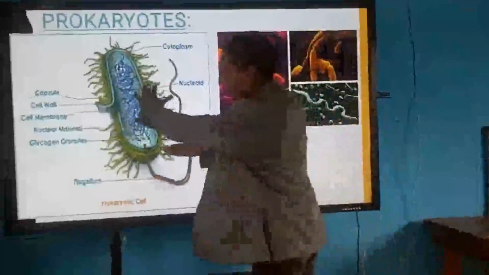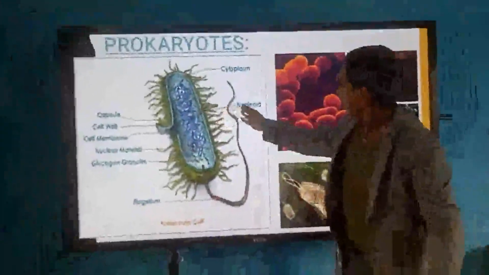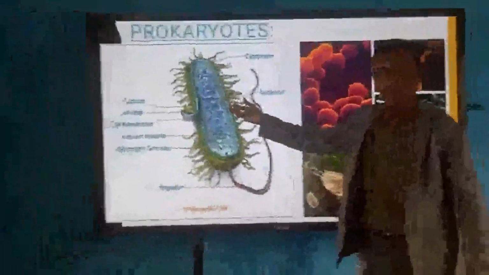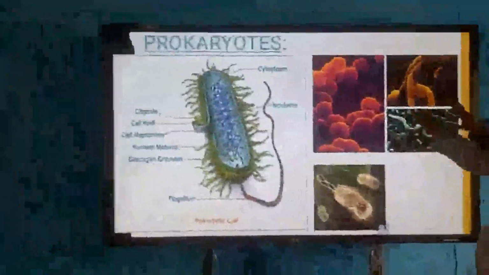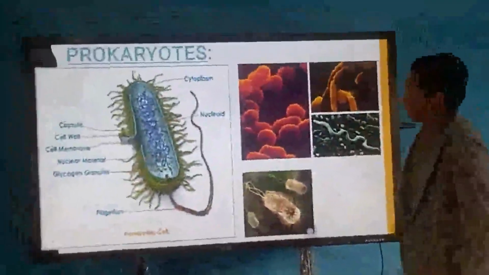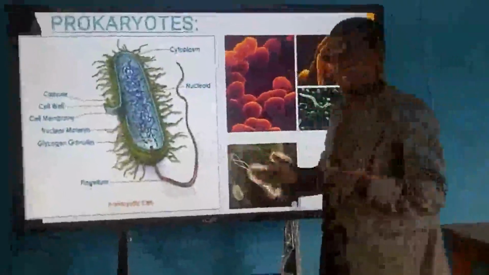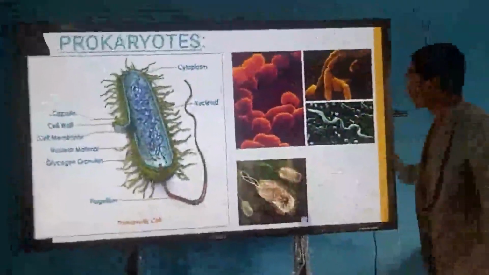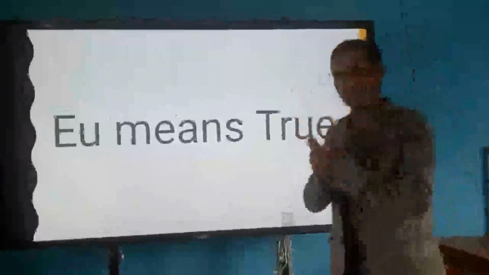We will discuss everything step by step. They also don't have a very advanced nucleus. These are some examples of prokaryotic organisms, especially bacteria and archaebacteria. Now we will move to the eukaryotic category.